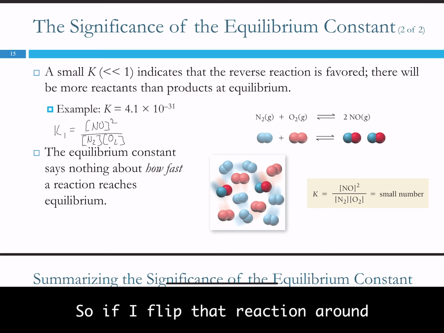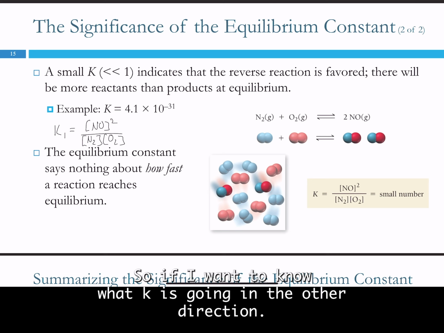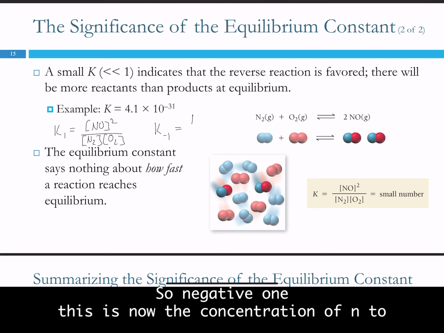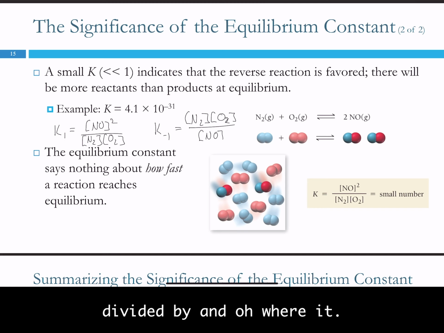So if I flip that reaction around, what happens to K? It inverses. So if I want to know what K is going in the other direction, K-1, this is now the concentration of N2 times O2 divided by NO squared. Or I could take this K and raise it to the -1.